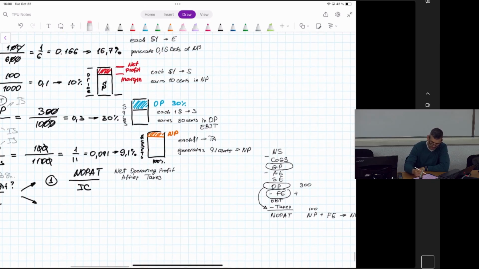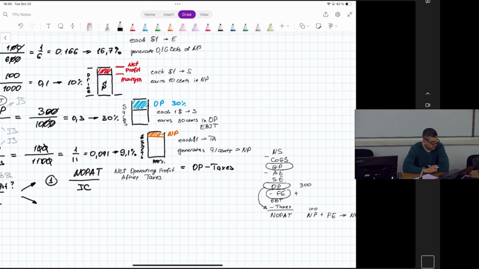So net operating profit, let's use the basic formula: it's operating profit minus taxes. Okay? So we're going to use this approach. So this is NOPAT.